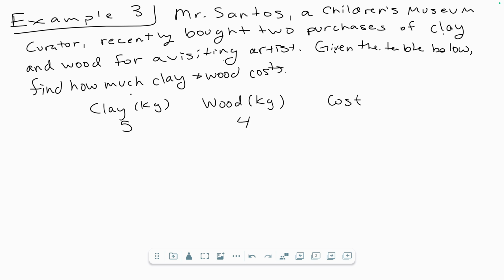It cost him $35.50. Okay. Next, he bought 3.5 kilograms of clay, but then 6 more kilograms of wood. It cost him $50.45. Okay.